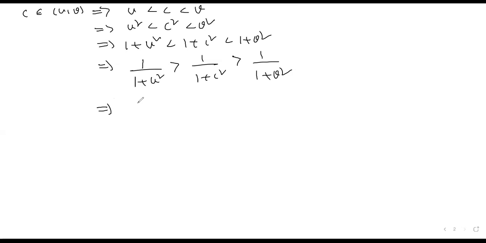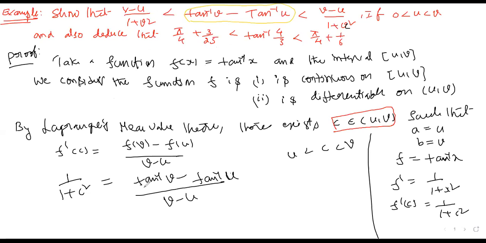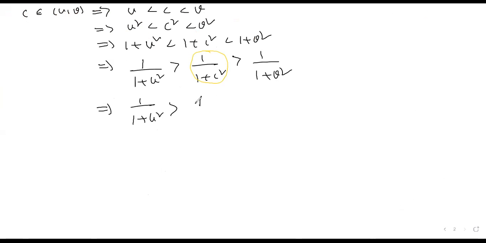Here, already we calculated this value in the last page. See here, 1 by 1 plus c square equals tan inverse v minus tan inverse u by v minus u. I will substitute this value at the respective place. Then you will get 1 by 1 plus u square greater than tan inverse of v minus tan inverse of u by v minus u, which is greater than 1 by 1 plus v square.